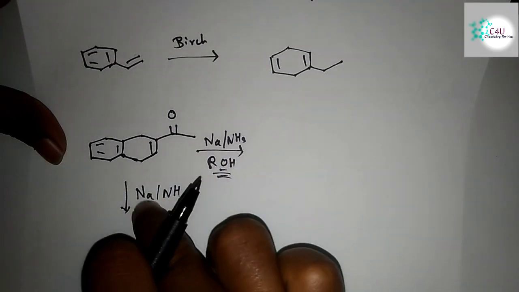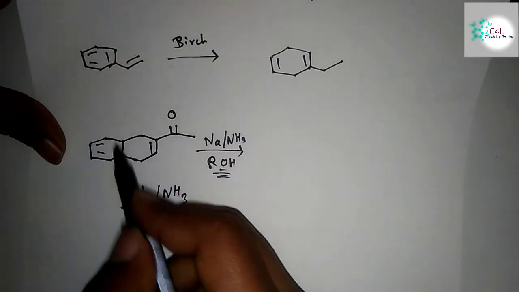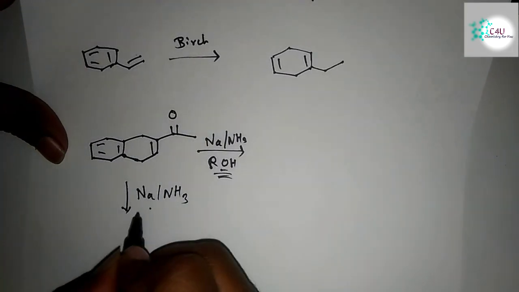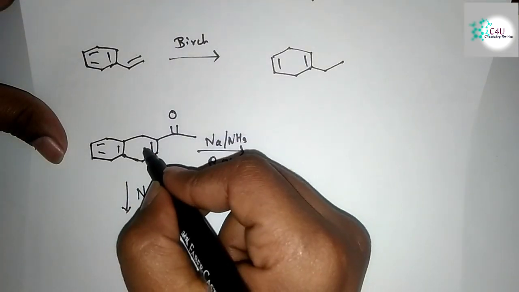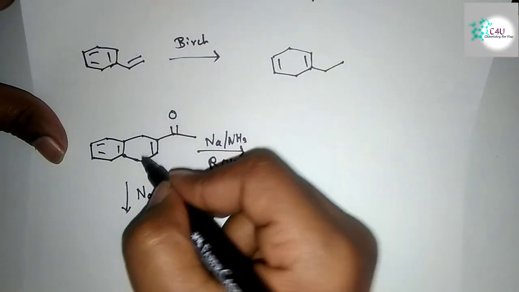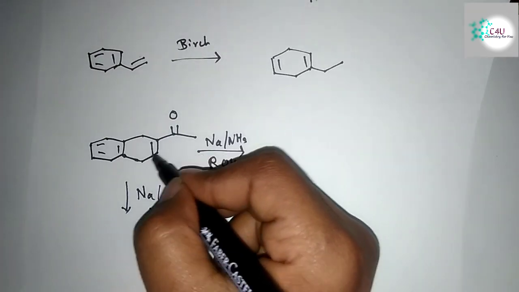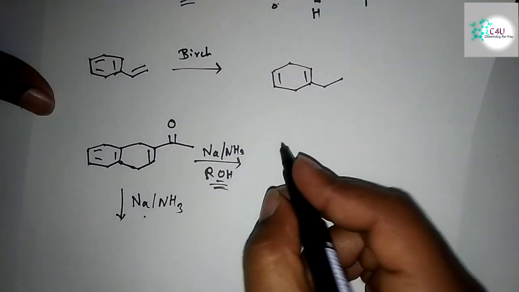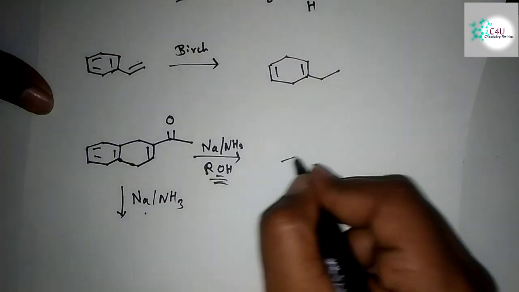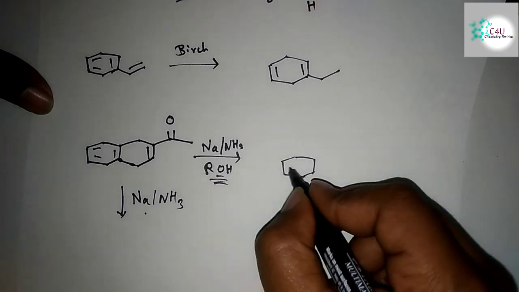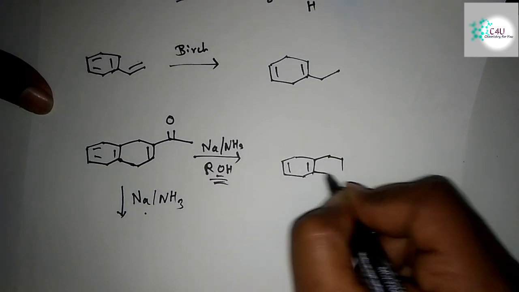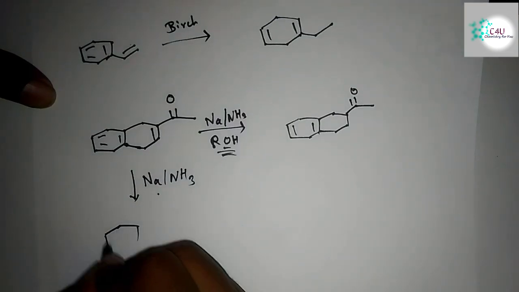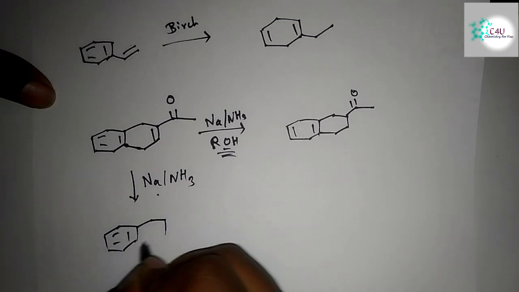But in absence of alcohol, the Birch reduction of an aromatic ring of a benzene ring goes slower, and hence in this case the product in which this double bond is reduced would be the major product, and in this case this all will get reduced. Yeah, sorry, I just told you with the trick. I came up with the answer. Don't worry, I have another problem. Yeah, you can go with it. So here we are getting this product.